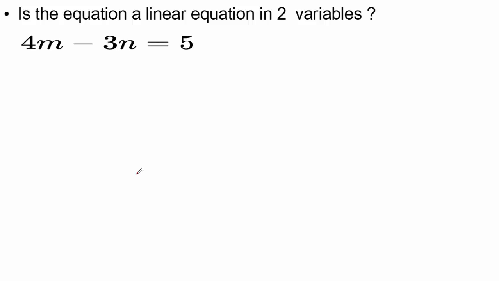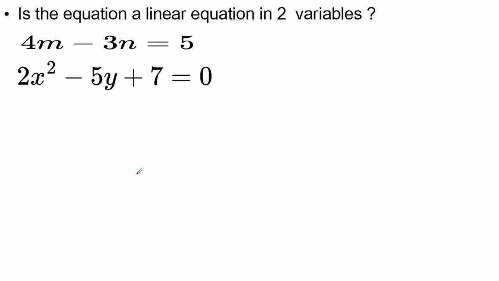Is the equation a linear equation in two variables? 4m minus 3n equal to 5. In this equation, m and n are two variables, the degree of 4m is 1, the degree of the term 3n is 1, and the coefficients of m and n are not 0, and hence it is a linear equation in two variables.